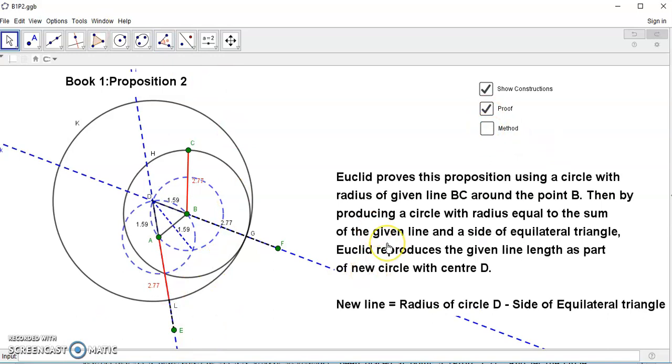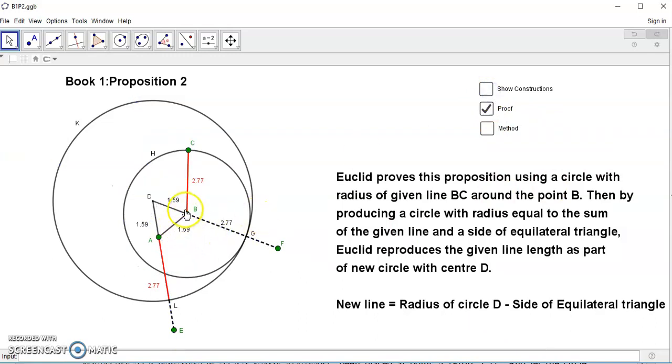And the proof is that Euclid produces a circle with radius equal to the sum of the given line, which is equal to this line here, and a side of the equilateral triangle.